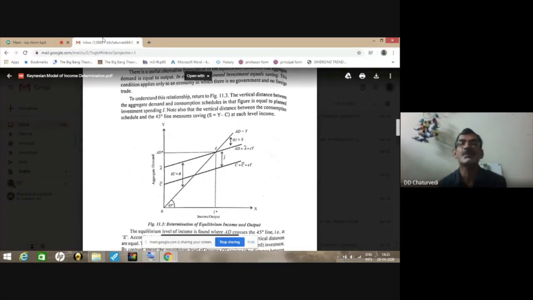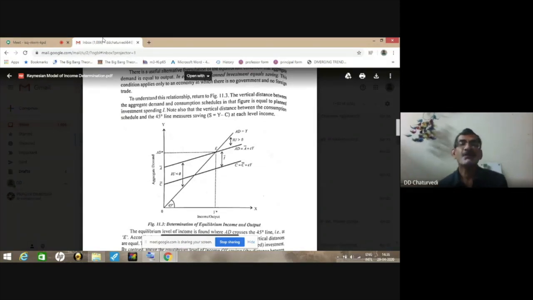This is how you can know the position of the aggregate demand curve. And what I have discussed is that if the intercept A bar is higher, the equilibrium level of national income will also be higher. You can easily understand from this diagram. If you take A bar at a slightly higher level, you will find the new equilibrium point at a higher level, that means at a higher level of output.